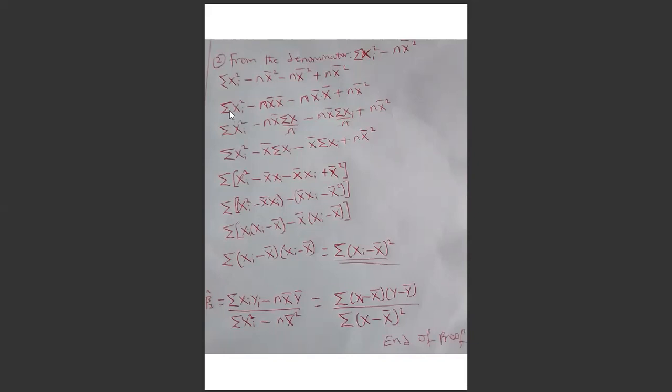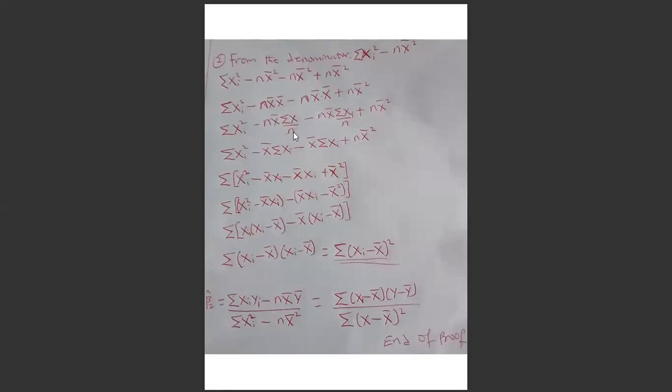Now we can write this as summation x squared minus n x bar, and we can rewrite this x bar as summation x over n, plus n x bar squared.